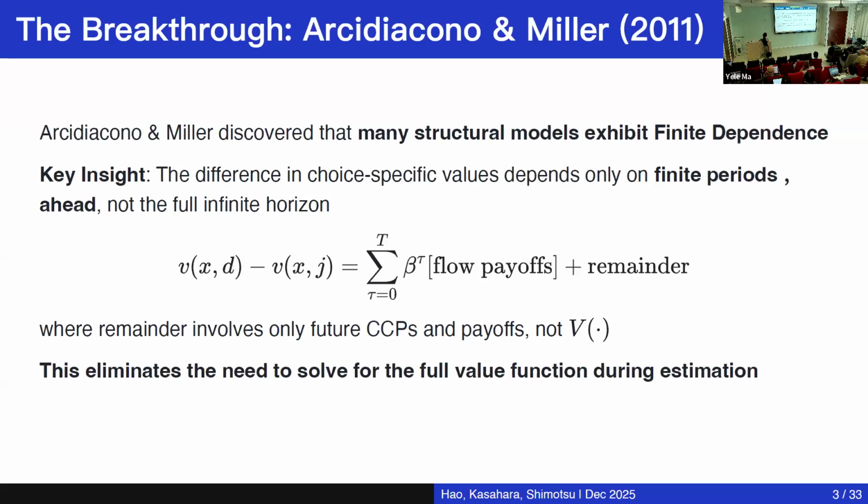Arvind also have a paper arguing that you can treat the decision as the players deciding on the CCP before the realization of the idiosyncratic shock, so that the discrete choice becomes a continuous choice.